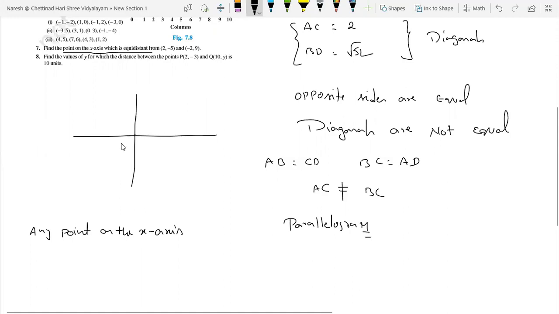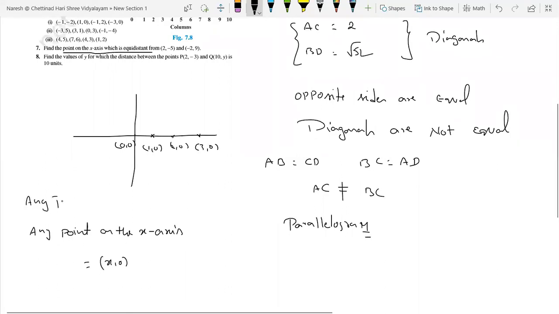Suppose I take the point (0, 0), or somewhere here (1, 0), (2, 0), (3, 0). If I take any point on the x-axis, it looks like (x, 0). The y coordinate is always 0 for points on the x-axis.